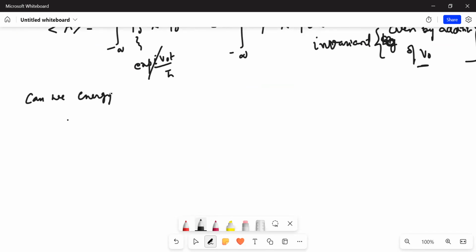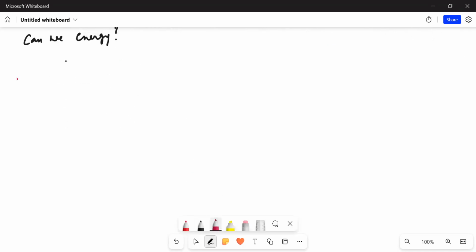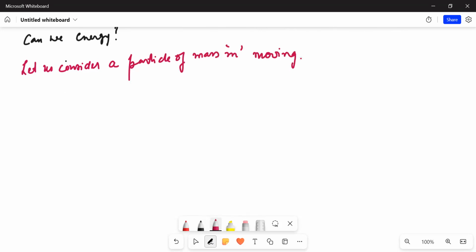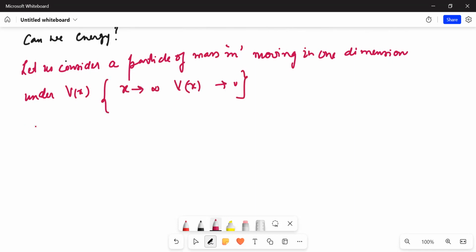Now, can we find the energy given some energy eigenfunction? Yes, indeed we can. So let us take an example to understand the case. Let us consider a particle of mass m moving in one dimension under the influence of a potential V(x), such that as x tends to infinity, V(x) tends to 0.